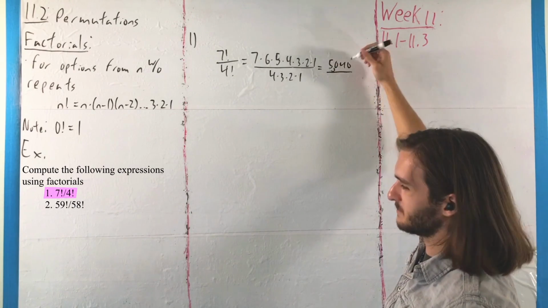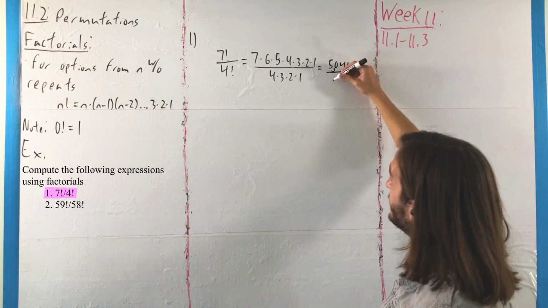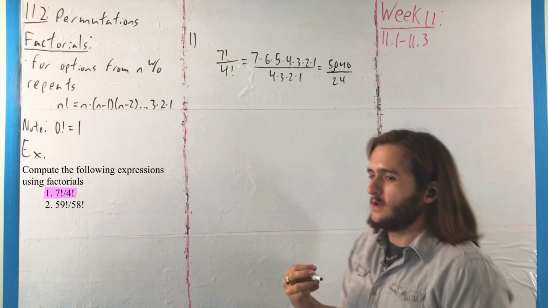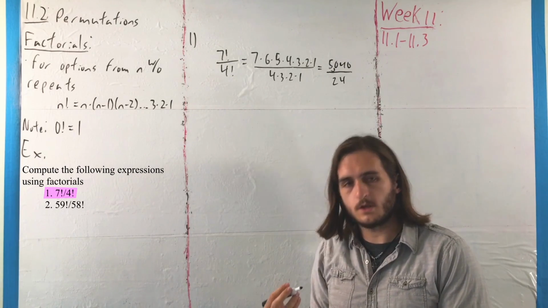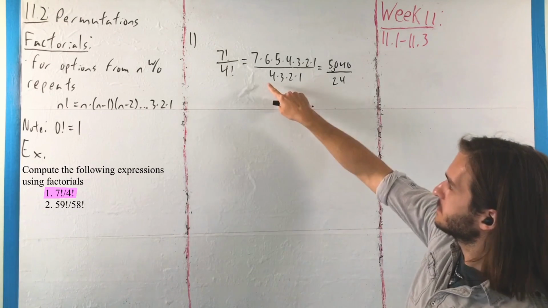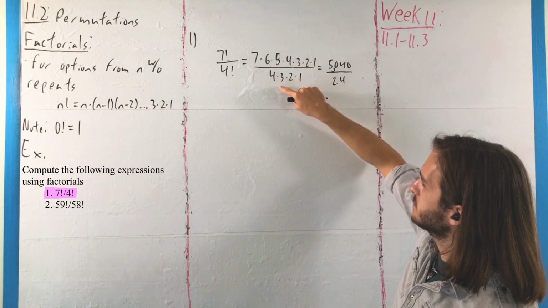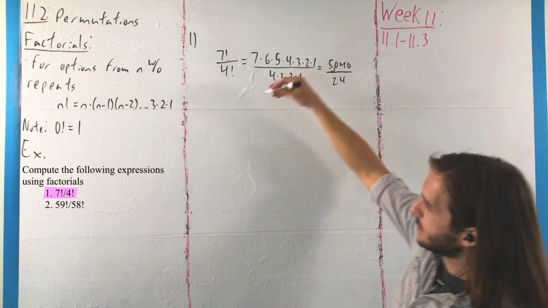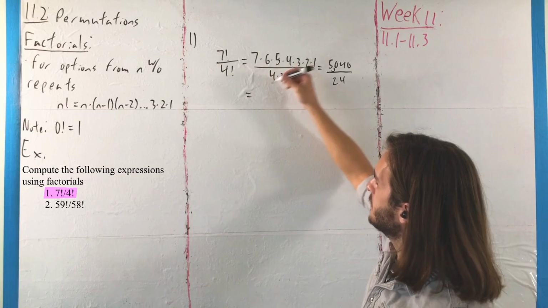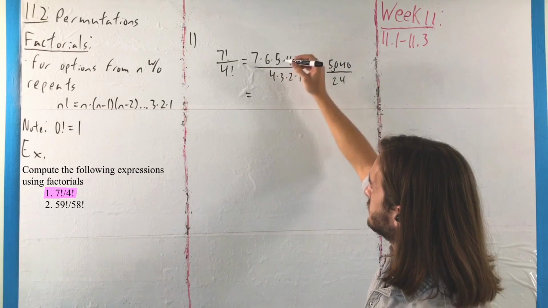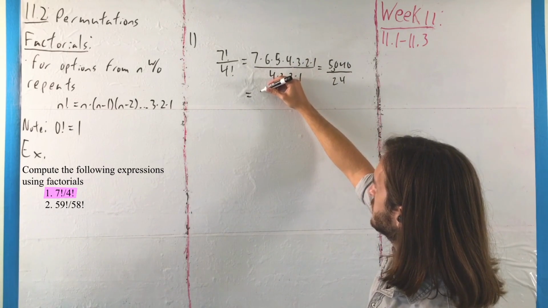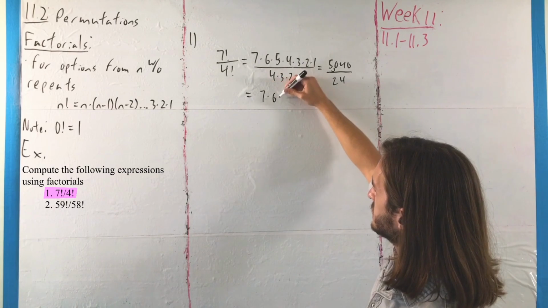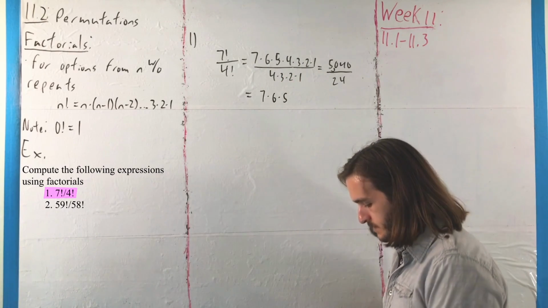I have to double check it in my head, 24. Or we could notice a little bit more cleverly that we've got 4s, 3s, 2s, and 1s, which means that the other way we could have done this is in terms of just 7 times 6 times 5.